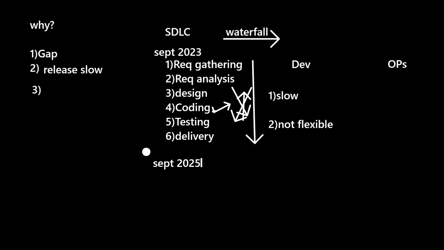So in these 2 years, so many changes might have happened, right? A lot of changes might have happened. Business might have changed completely. If the model cannot accept it, the client doesn't need the product anymore, right? So it's not flexible. Complete software will be delivered all at once after 2 years without any modifications, which the client doesn't need anymore. So these are the main challenges the development team faces.